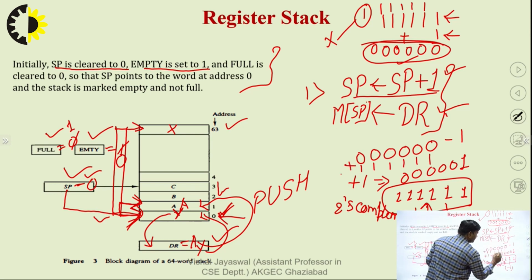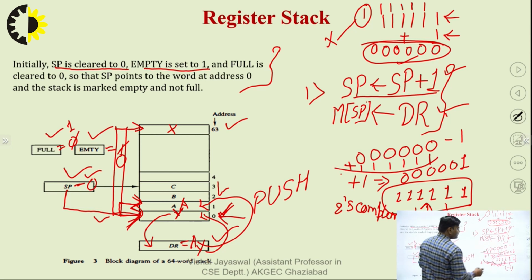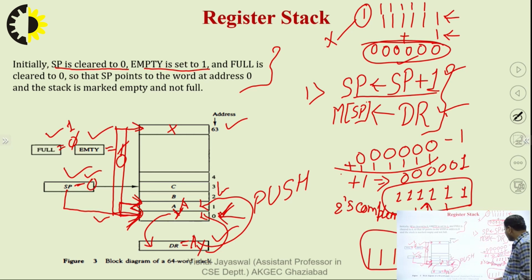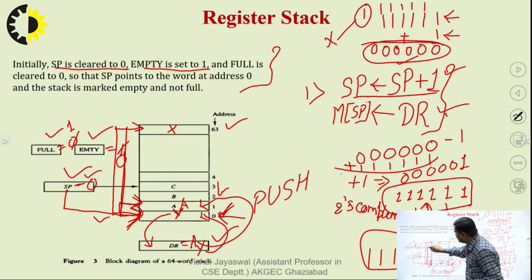We add this, and the result is 0 followed by 1, 1, 1, 1, 1, 1. This is the result after SP minus 1. This means the stack pointer moves from the 0 location to the 63 location.